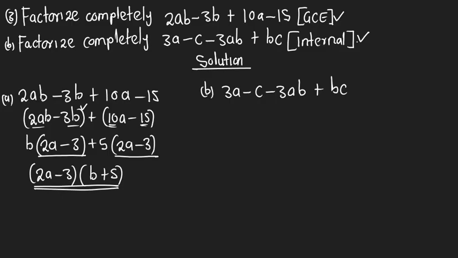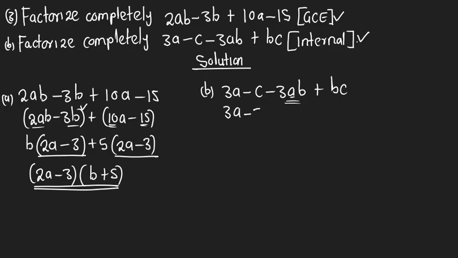Are they in the setup in which they are supposed to be, or can you do something about it? You can do something about it. How? You collect the like terms, the things that look similar. So you're going to get this 3a, and you can also get 3ab, because the a is also here.